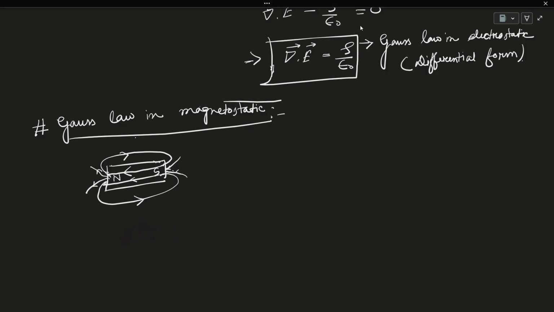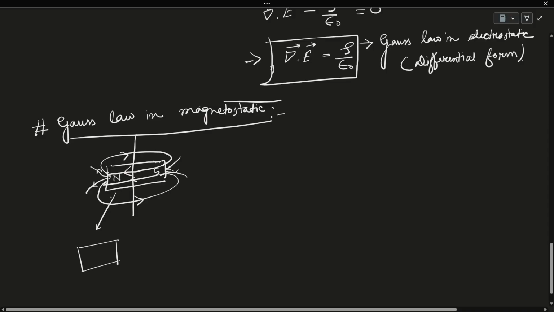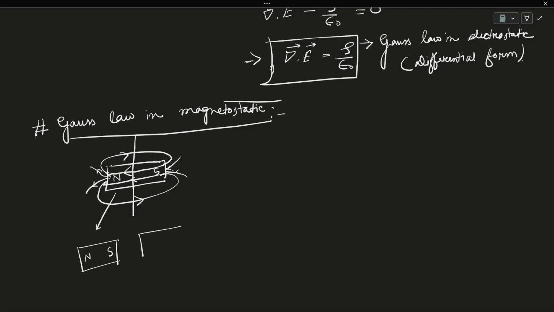Let me break it here. For this part, this north pole will remain as north pole, and at this end there will be another south pole. And for this part, this will remain as south pole, and here there will be another north pole. So now the field lines will look like this.